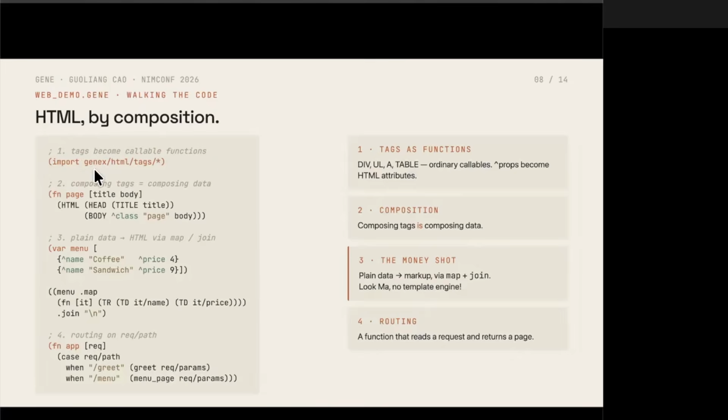You import, and here is the namespace. GNX is the experimental standard library namespace, and under it we have HTML, and under that we have tags, and then under tags we have individual tags like div, html, header, body, etc. And when we do this import star, we are going to copy all the members into the current namespace.